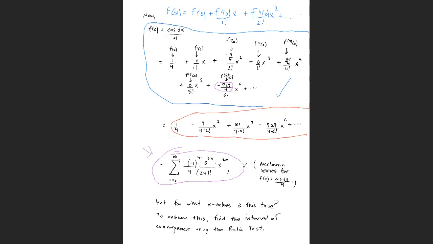And it helps tremendously to have written down the first 4 or 5 non-zero terms of the power series, so that you can establish, hey, what would the right pattern be?